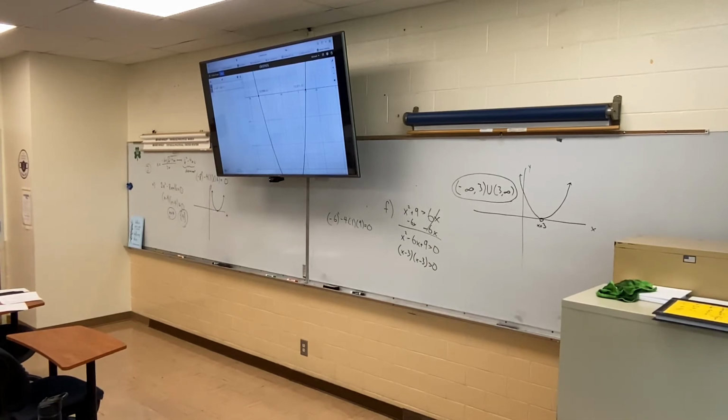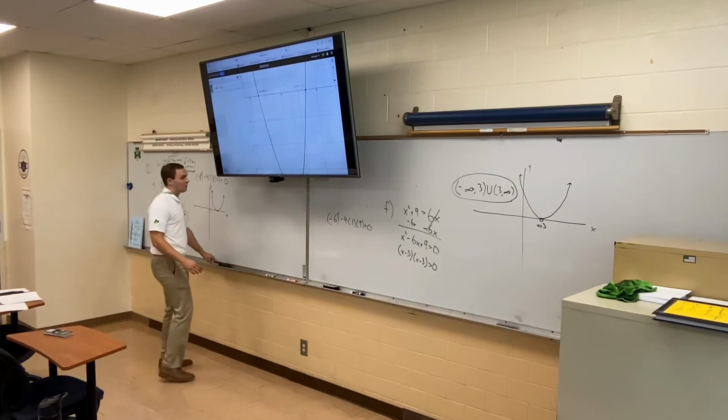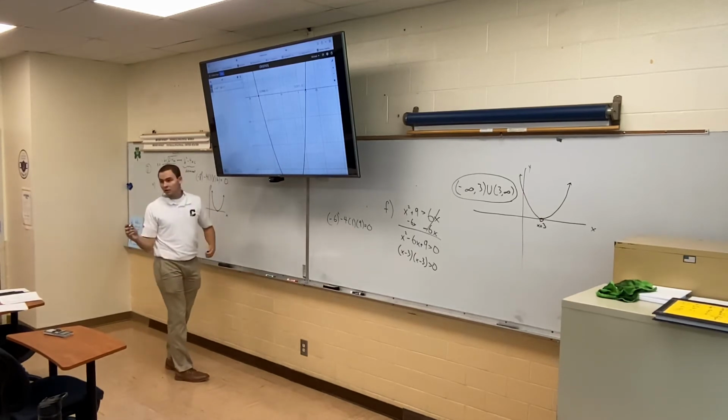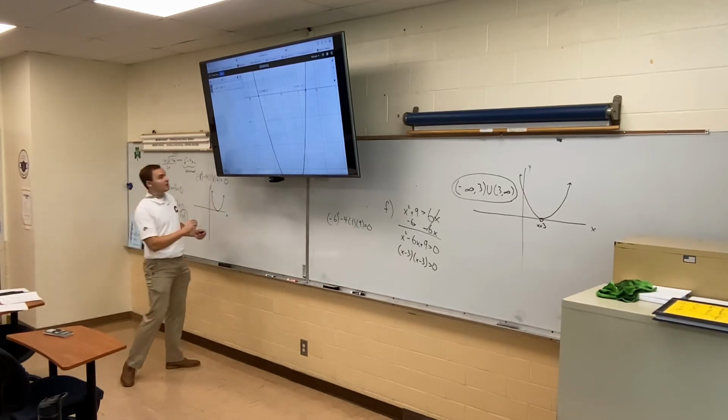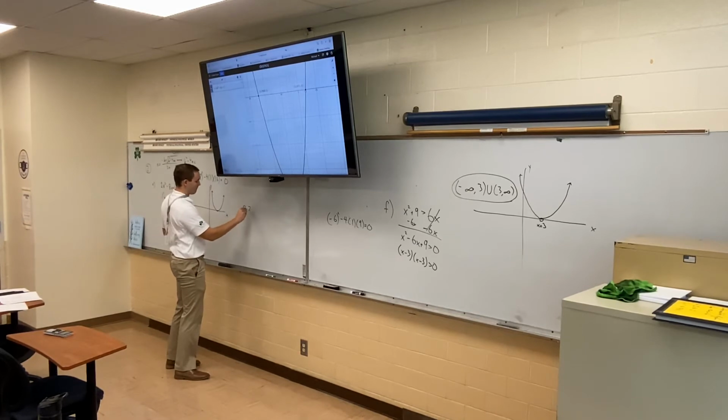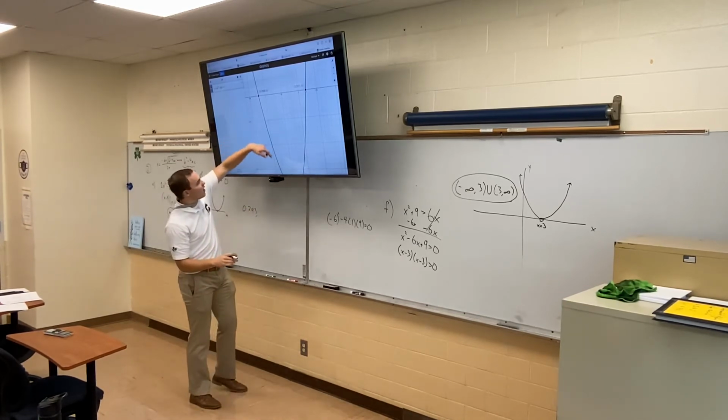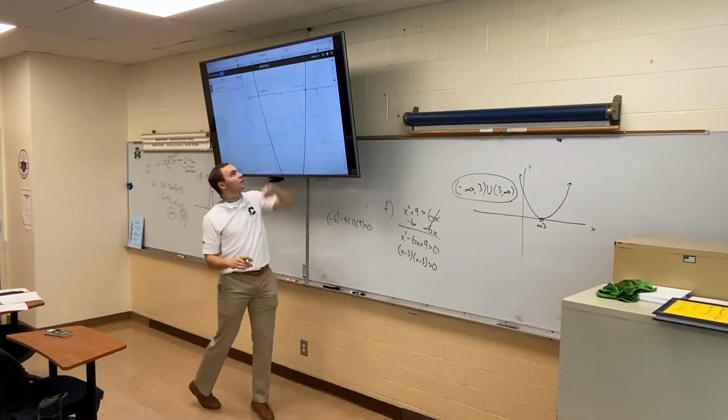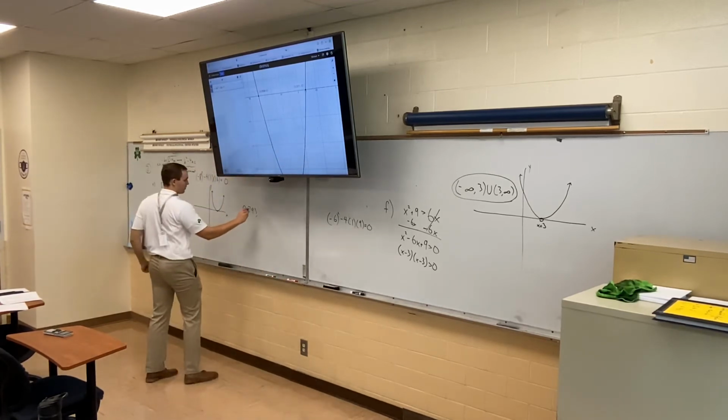What are the 2 endpoints of my interval? 0.793, and then it goes below, all the way in between those 2, to 2.207.